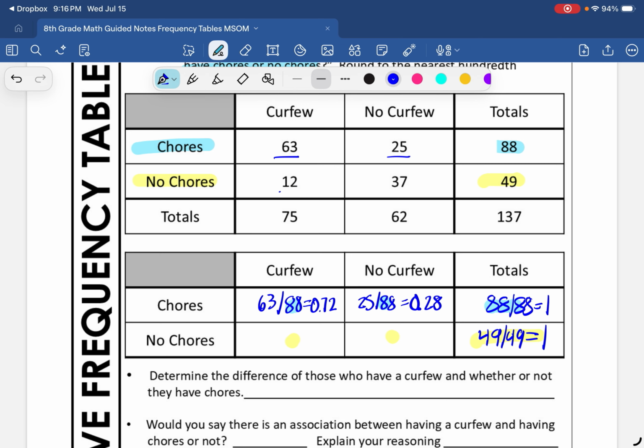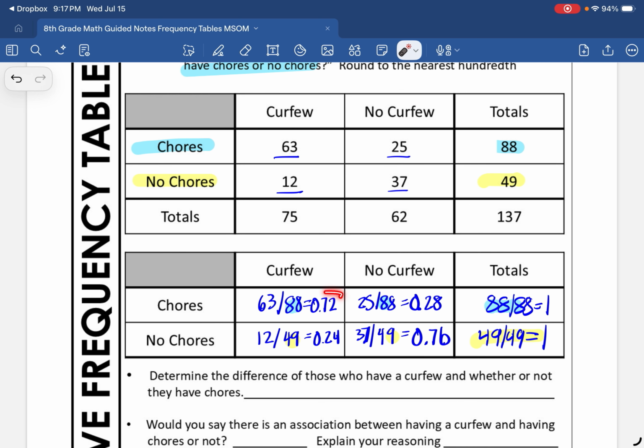No chores and curfew is 12 out of that row total, which is 49. So 12 divided by 49 is 0.24. And no chores and no curfew is 37 out of that row total, which is 49. So 37 divided by 49 is 0.76. And just notice that these will equal that whole of 1.